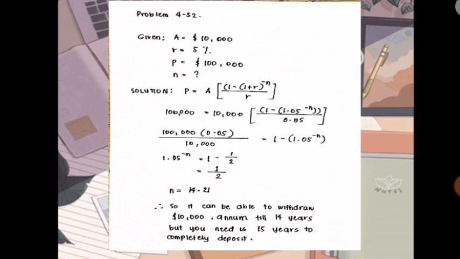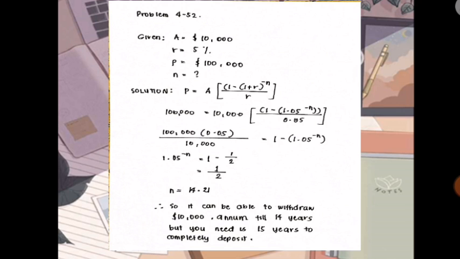N. So, solution. P is equal to A, quantity 1 minus 1 plus R raised to negative N over R. So, 100,000 is equal to 10,000, quantity 1 minus 1.05 raised to negative N over 0.05. So, 100,000 times 0.05 over 10,000 is equal to 1 minus quantity 1.05 raised to negative n.